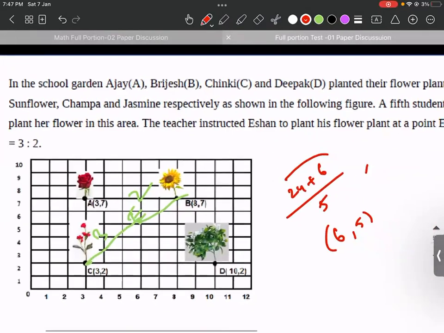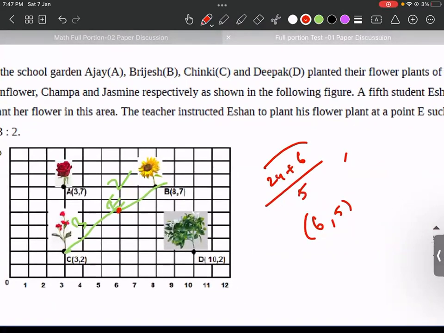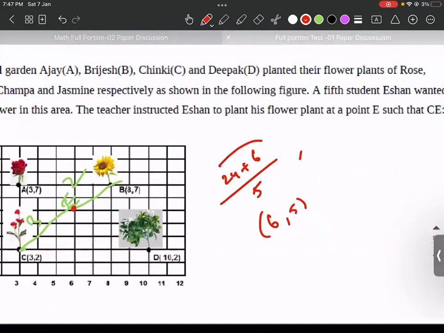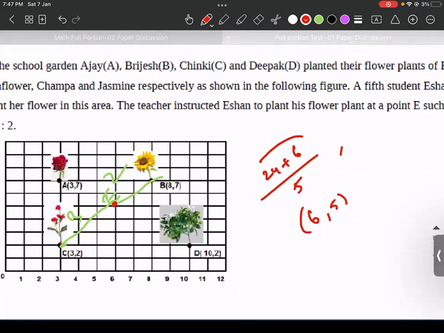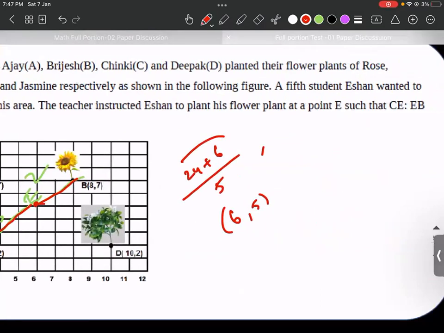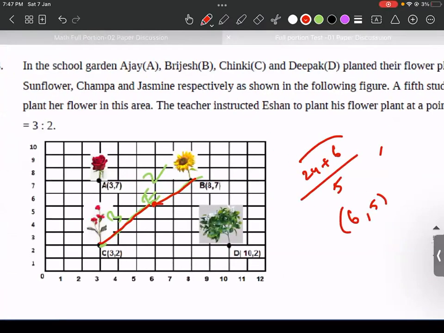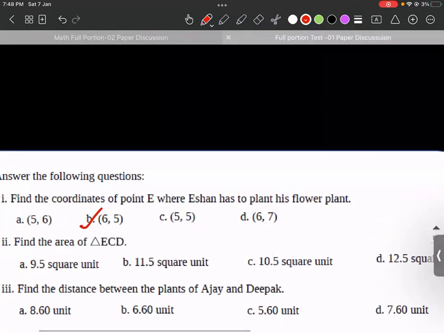Ishan is planning to plot at some point E, and that E is in such a way that CE is to EB is 3:2. So you need to use the section formula and find the coordinates of point E: (mx2 plus nx1) by (m plus n). Yes, sir. So 3 into 8, 24 plus 2 into 3, 6. Okay, 6,5 is the answer.